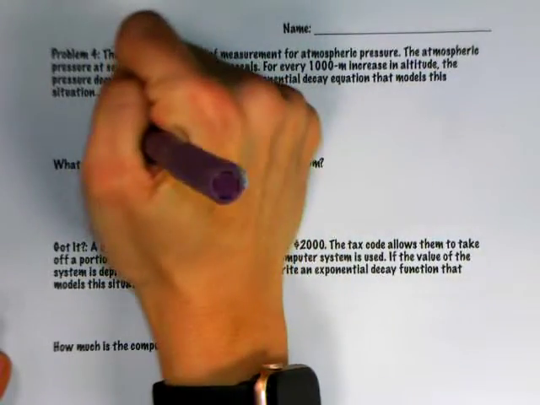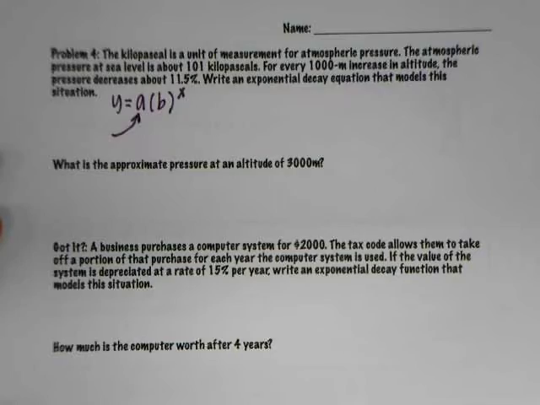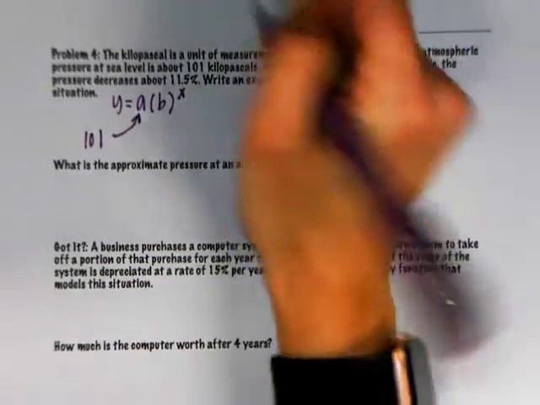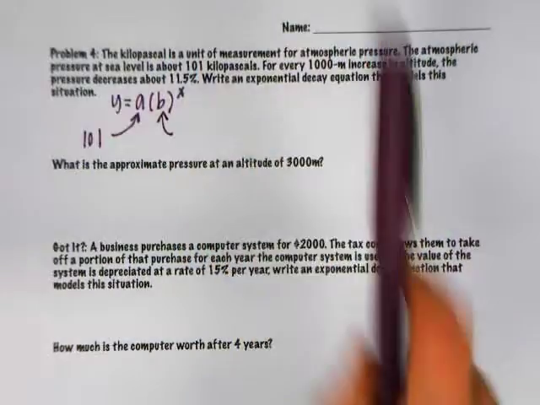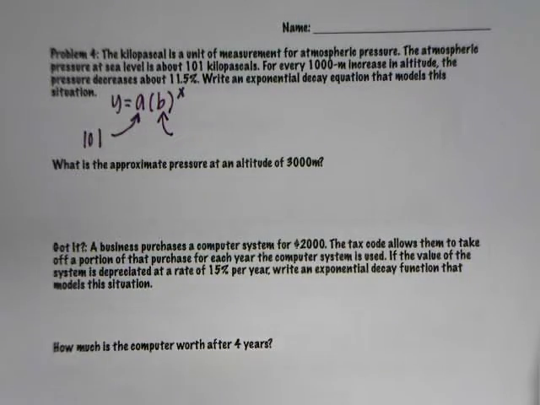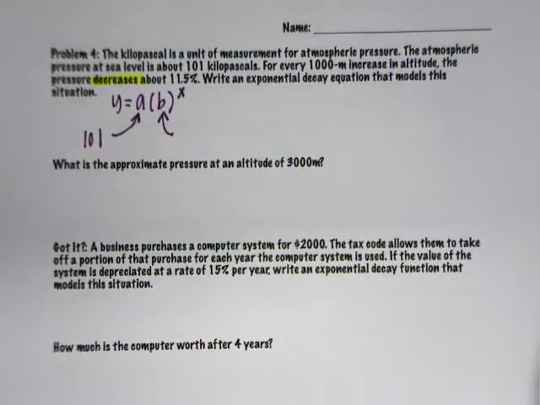Remember, a is our starting amount, so what's that going to be? 101, yep. And then is this increasing or decreasing? Decreasing, yep. So do 11.5 divided by 100 to get the decimal.